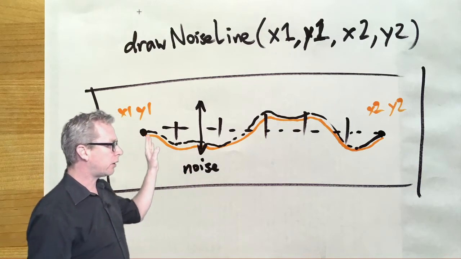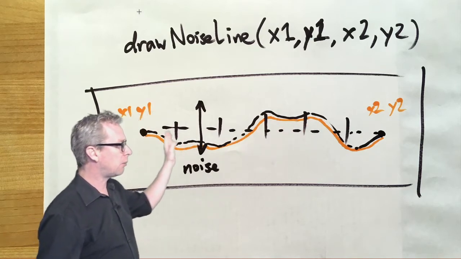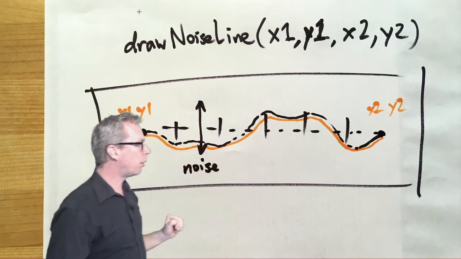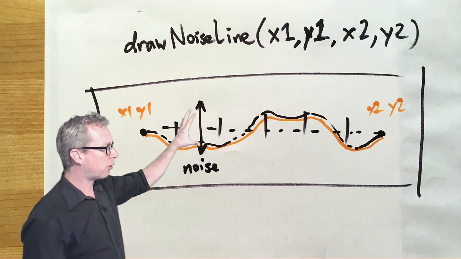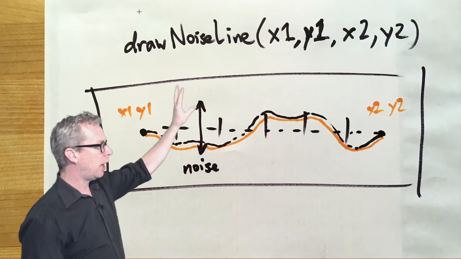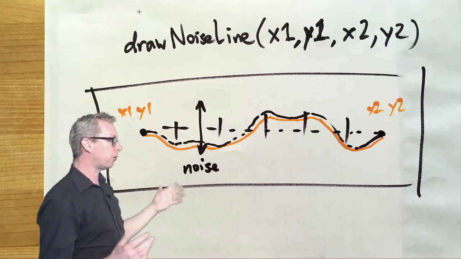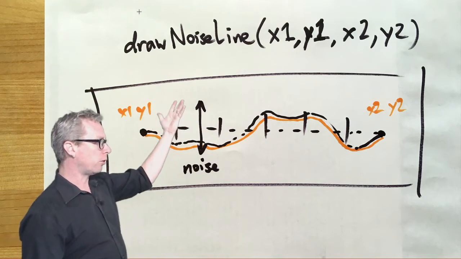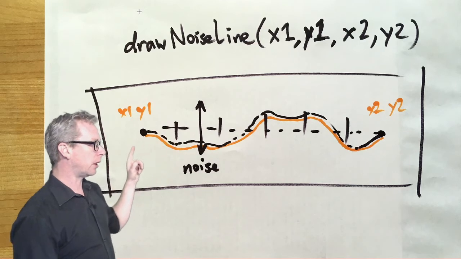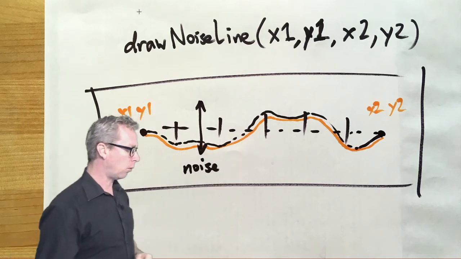I can see that I need to loop through a series of intermediate points starting at a beginning point and ending at the end point. And I'm also starting to see what functions I would use and how graphically that's going to relate to the output, and then also what the arguments to my function might be. So I can already see that at least I'm probably going to have a function called draw noise line or something like that that has two arguments, an x1 and a y1, and an x2 and a y2.